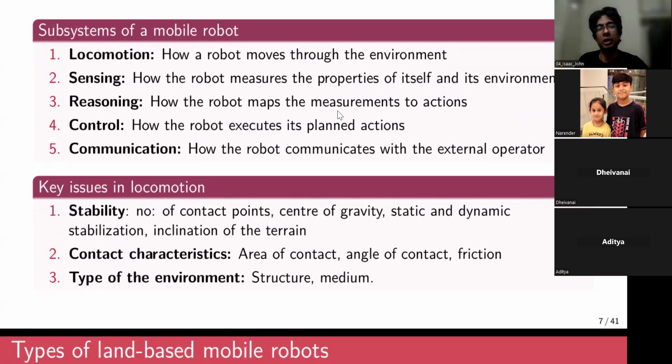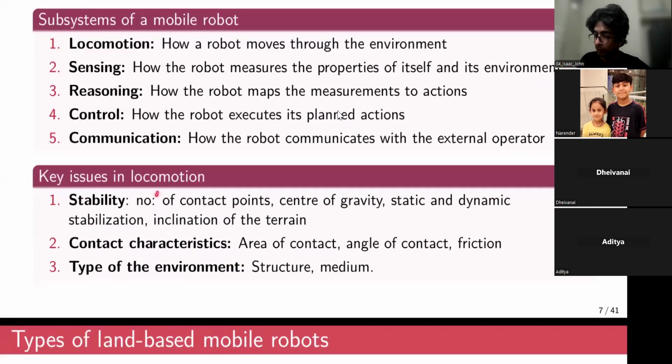If you try to push a two-legged robot, it will find it very difficult to hold its position. It will most probably topple over. And stability is a function of a lot of factors. The most important ones are the number of contact points, the center of gravity, static and dynamic stabilization, and inclination of terrain, and so on and so forth.